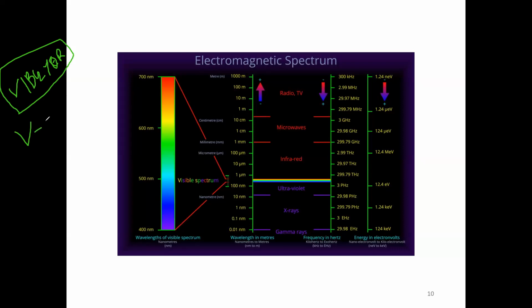V means violet, I means indigo, then blue, green, yellow, orange, and red, right?